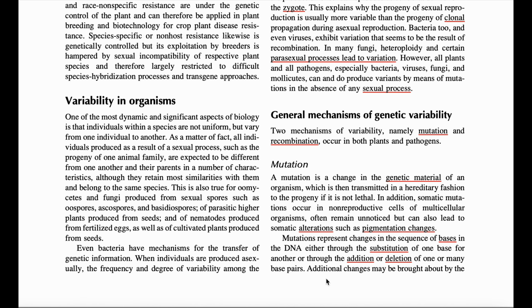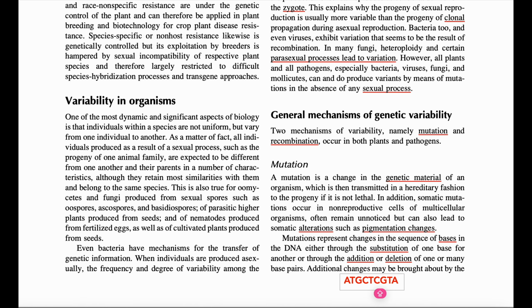It is normal like A, T, G, C, C, G, T, A, something like this, and something gets deleted. Or instead of this, it is substituted with another base, or we can add one more base.